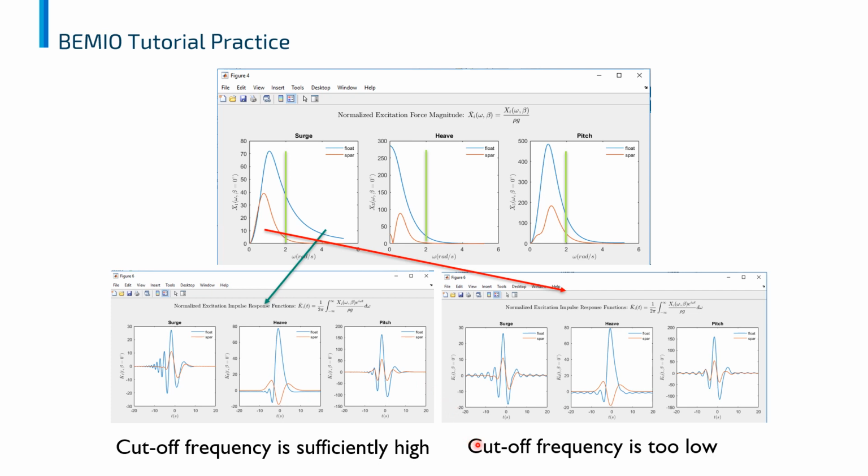But if your cutoff frequency is too low, you have this other behavior where the excitation IRF is not tending towards zero. So you will need to correct this to have better results for your WEC Sim simulation.